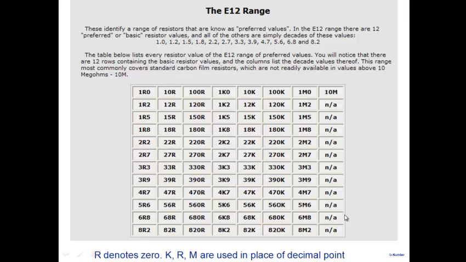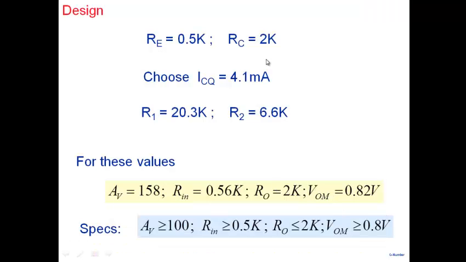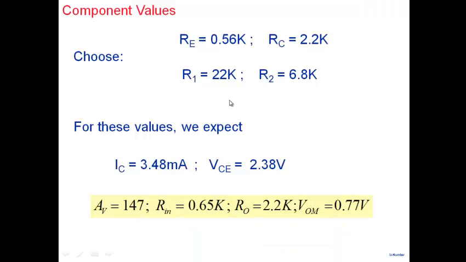You can already see that with those ideal values that I have, I was satisfying all the specs. My gain was 158, requirement was 100, input resistance was 0.56, which is fine, output resistance was okay, voltage swing was barely satisfying. But then these are with these ideal values. Then when I use these more realistic values, single value resistors, then it's fine.